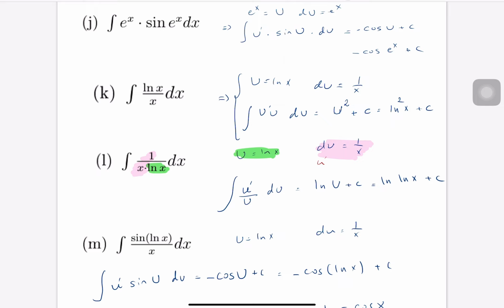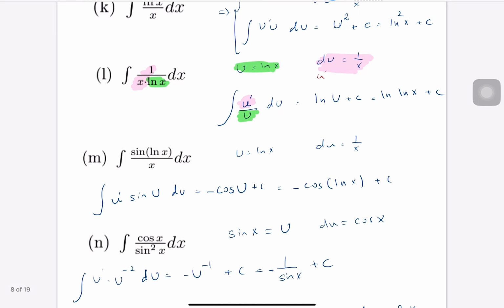Here is the u prime, and here will be u. And the result of the integral of u prime per u is, as a normal equation, ln u plus c. And now we put ln x instead of u, will be ln x. Okay. Or you can see the next one.